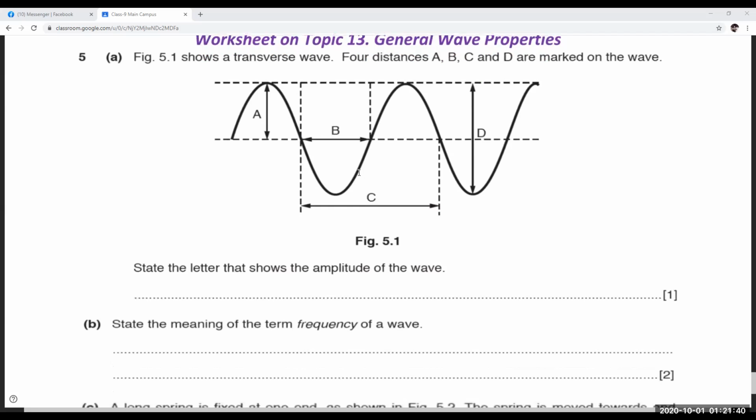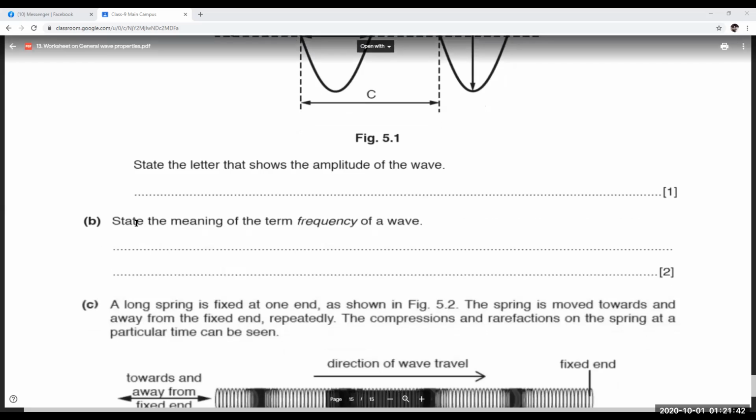Then frequency. What is frequency, Shimanto? You write again. Already you wrote once. Write number of waves every second.